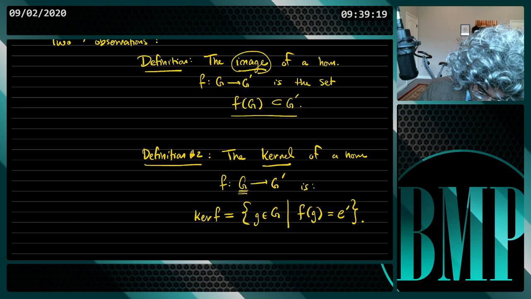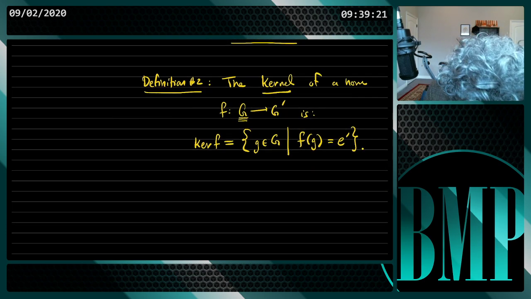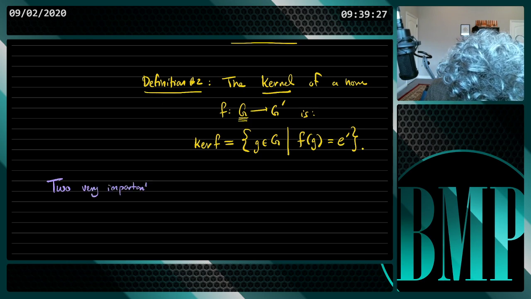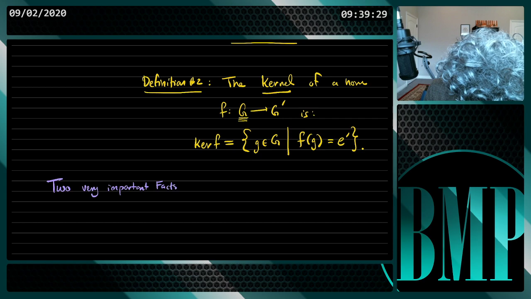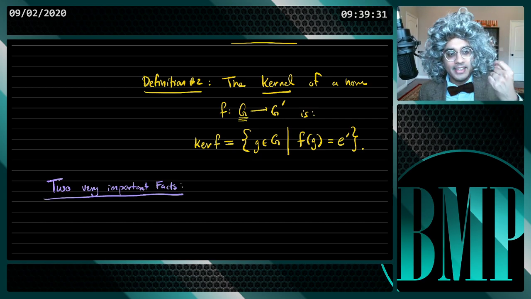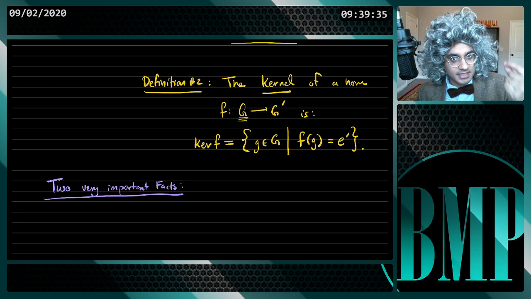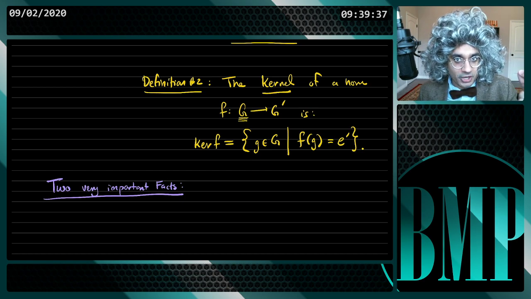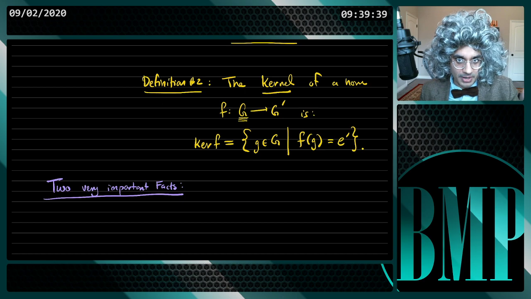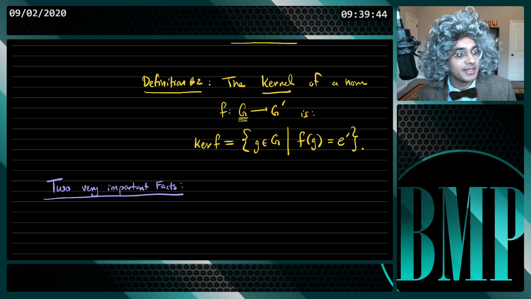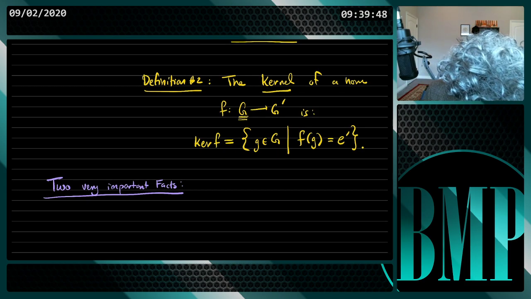So here are some very basic facts, 2 very important facts. The image of a homomorphism is a subgroup of the target group, G prime, and the kernel of a homomorphism is a subgroup of the domain group.